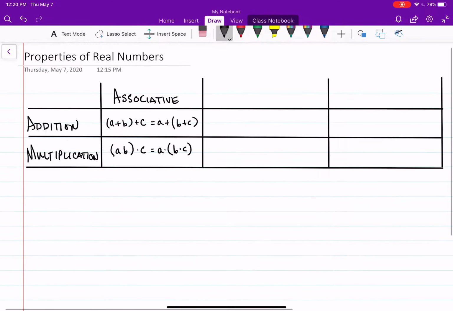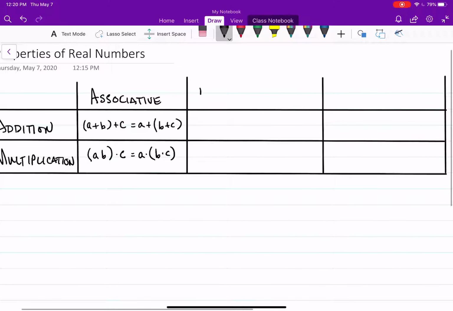So the next property is called commutative. Having issues writing today. Commutative. The main word in there is commute. Commutative, meaning to travel, right? If you're commuting from one place to another, you're traveling.